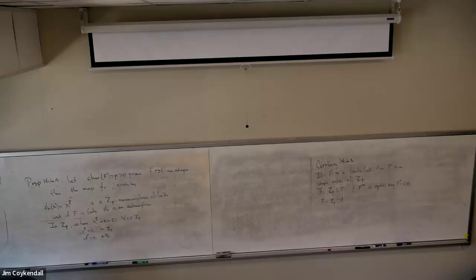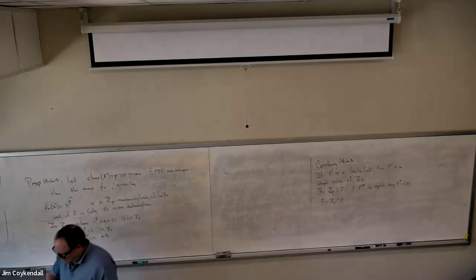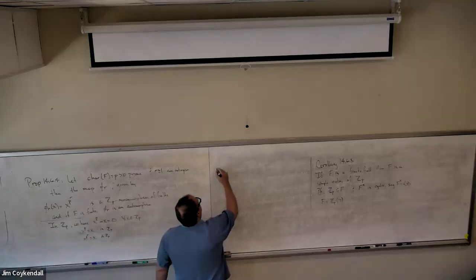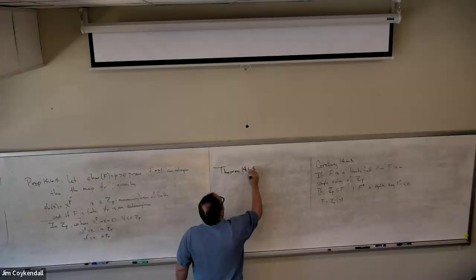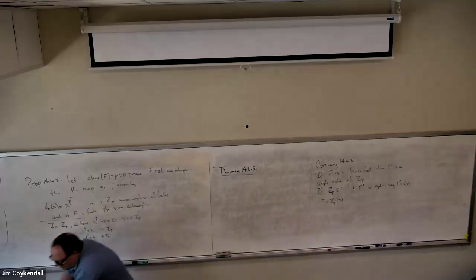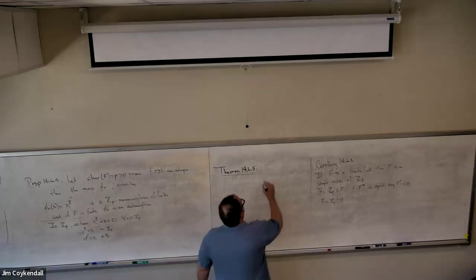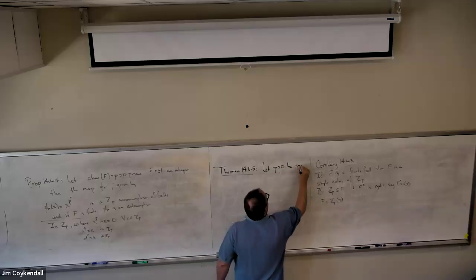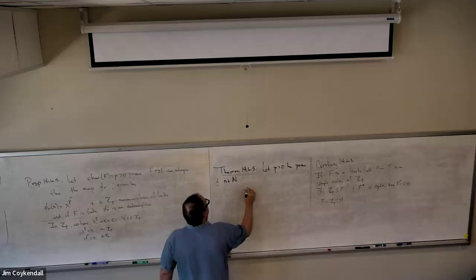So let me give you this theorem here. Theorem 1465. And I'm going to state it this way. Let p be prime and n in the natural numbers.